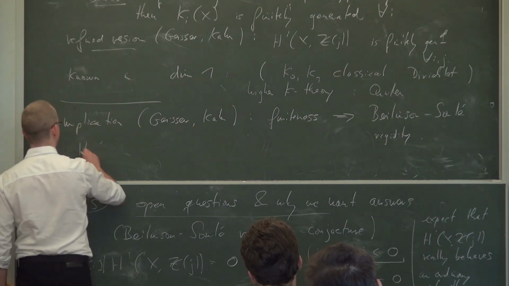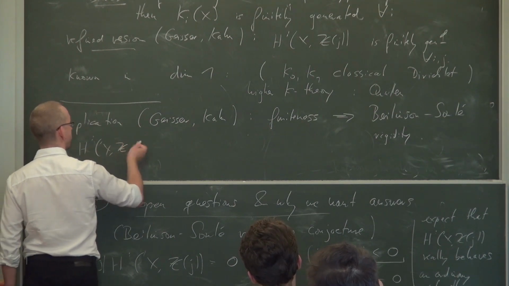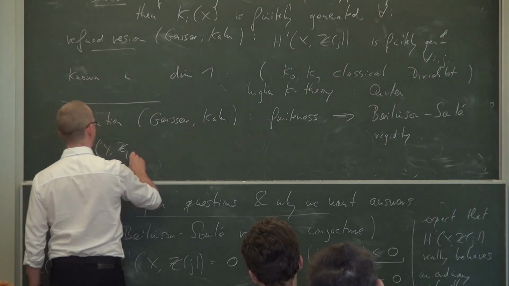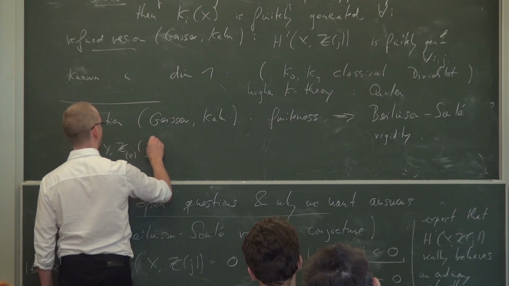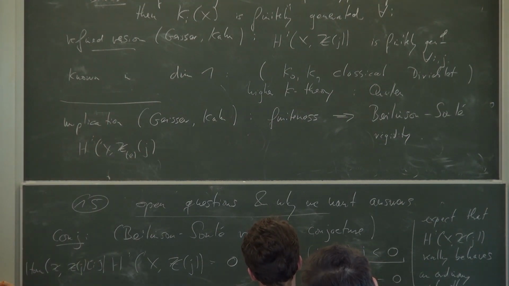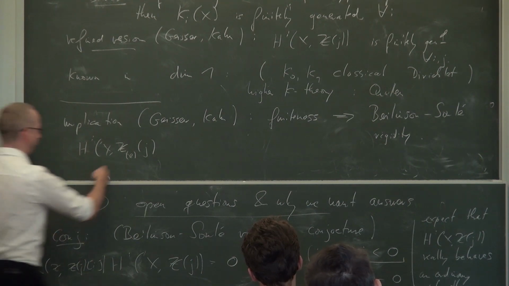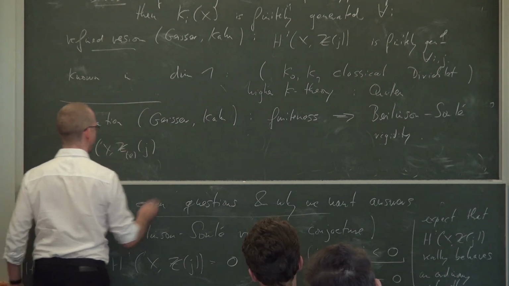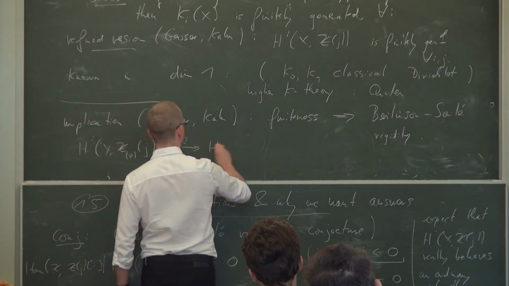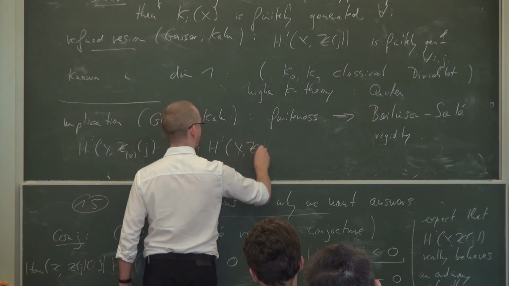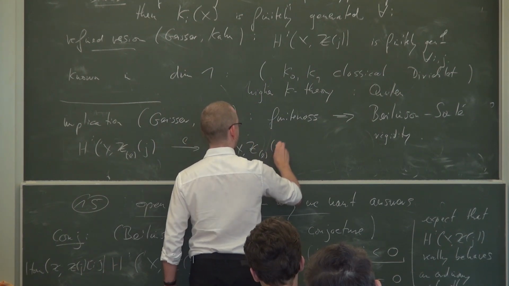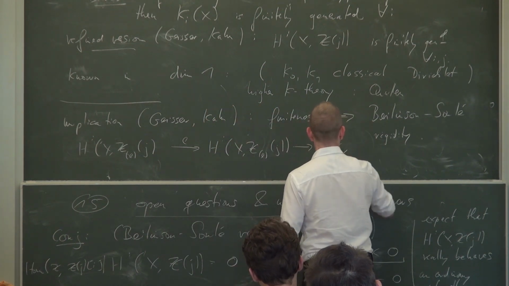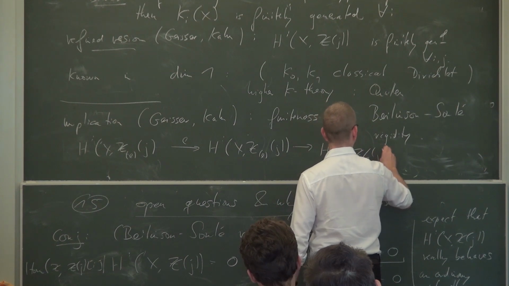If I assume that H^i(X, Z(j)) is finitely generated, then I can localize at any prime l you want, so invert everything outside l in the coefficients here, and then you have the multiplication by l, and you get an exact sequence to Z/l.